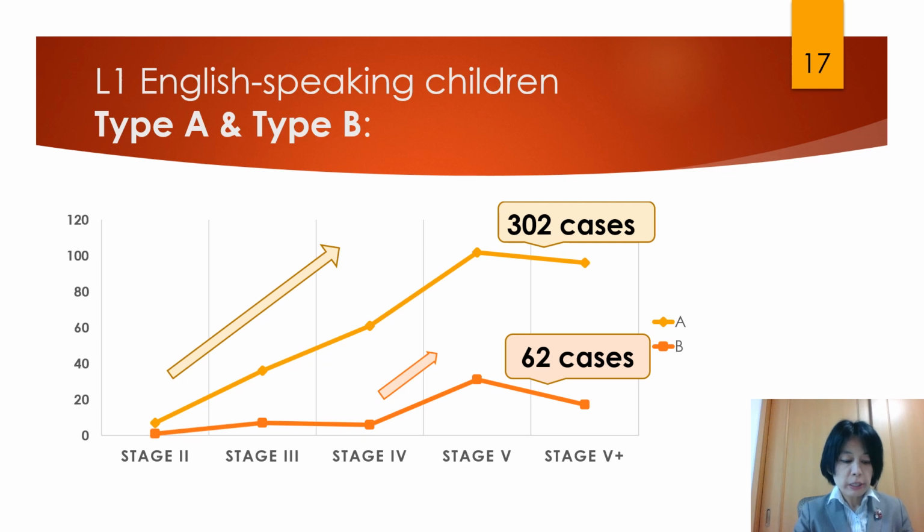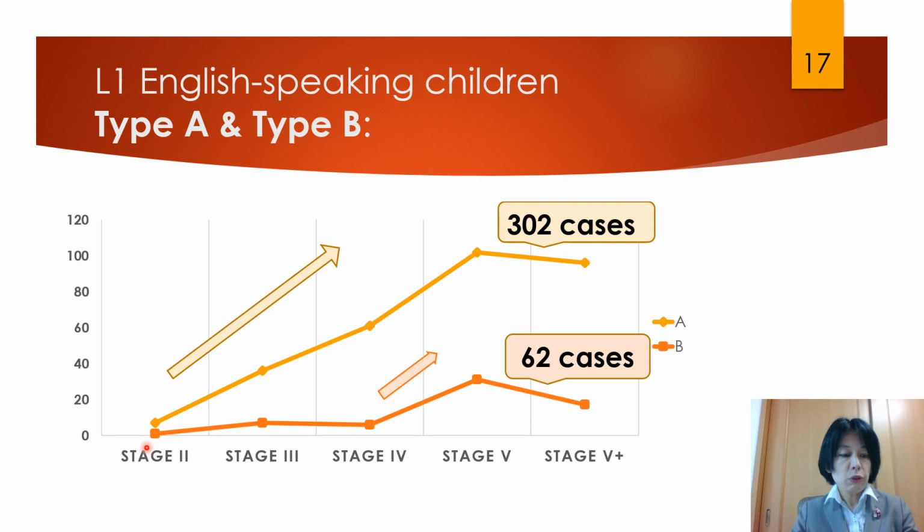Now, look at this graph again. This graph shows the results of Type A and Type B. From Stage 2 to Stage 5, the number of Type A rapidly increased.